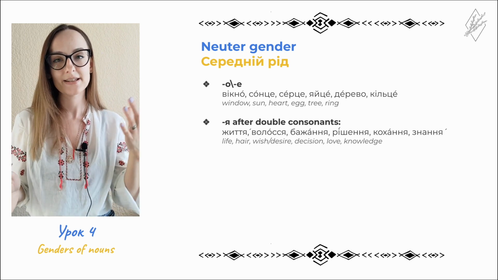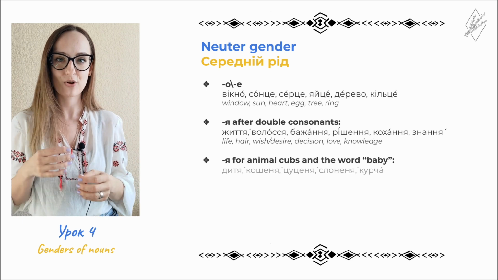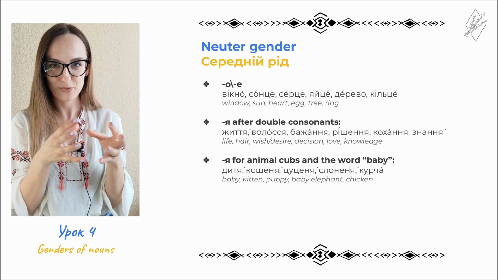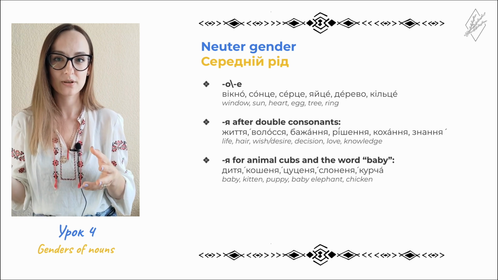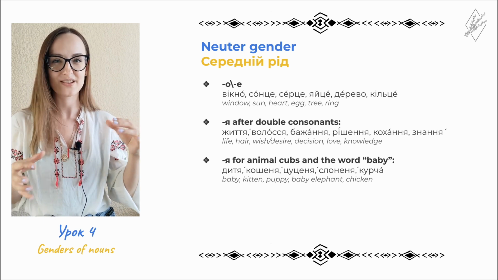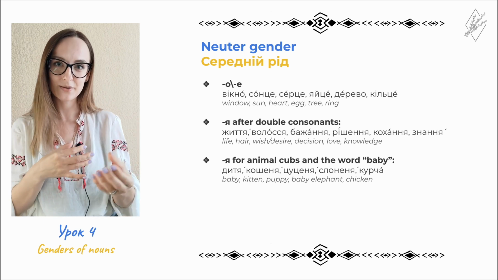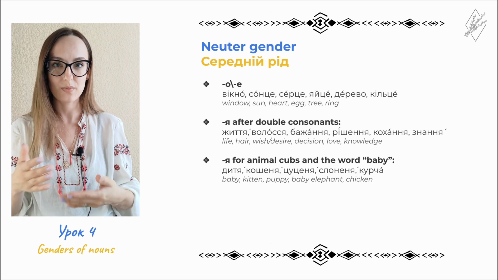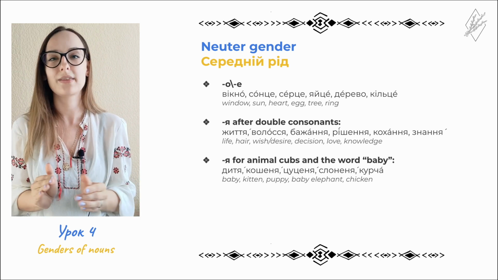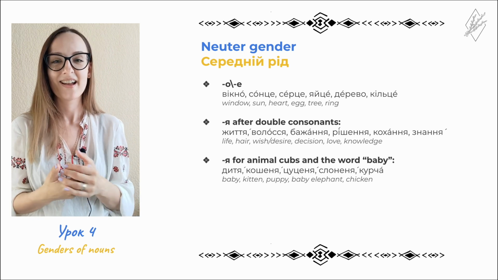And also, ending ya could be used for description of animal cubs, tiny animals who were just born. And sometimes we even use the word дитя in Ukrainian. It's like a diminutive form of дитина, which is a child, a baby, a kid. So when it's a very tiny baby, then we could say дитя.